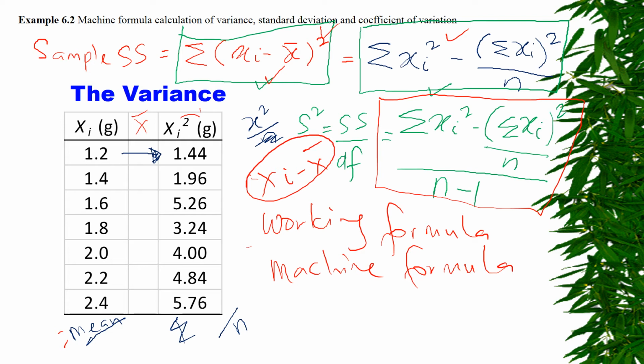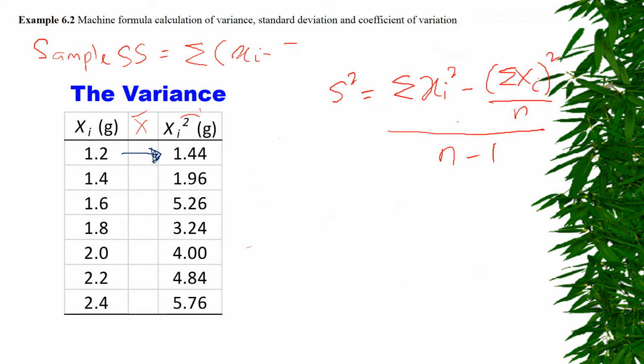Secondly, the second advantage is there may be a good deal of rounding error in calculating each xi minus x bar here.